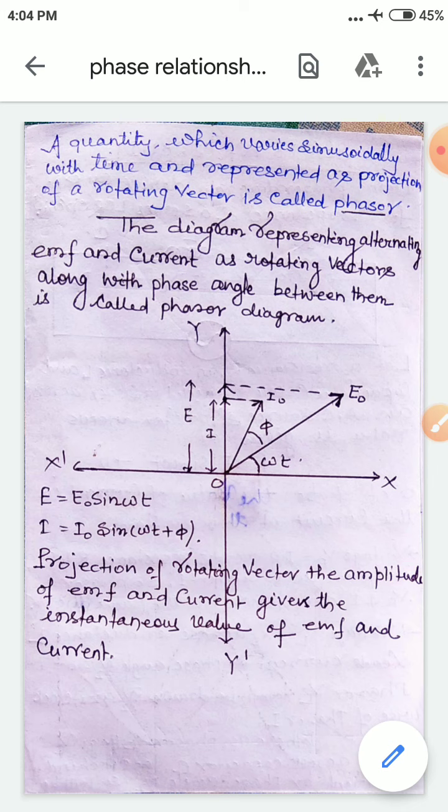The alternating EMF and alternating current both are phasors, because we can represent the instantaneous values of alternating EMF and current in terms of rotating vectors E naught and I naught, as both vary sinusoidally with time, and they can also be represented by the projection of the amplitude vectors E naught and I naught on the y-axis.